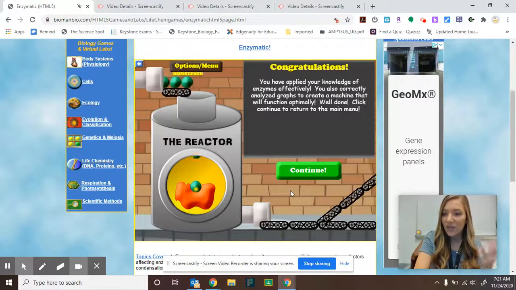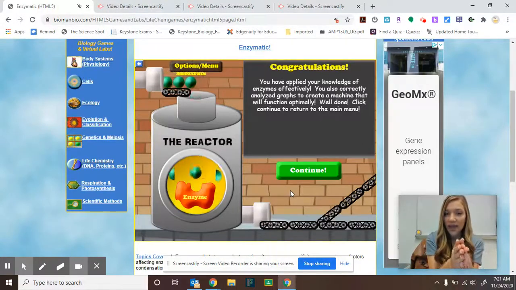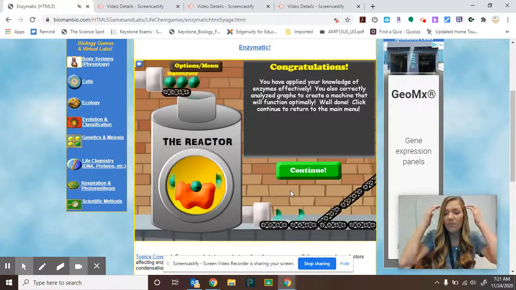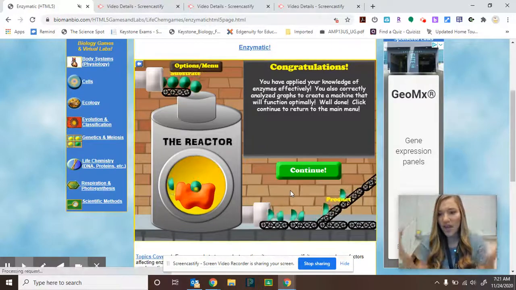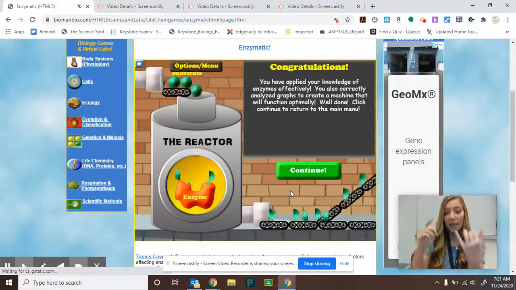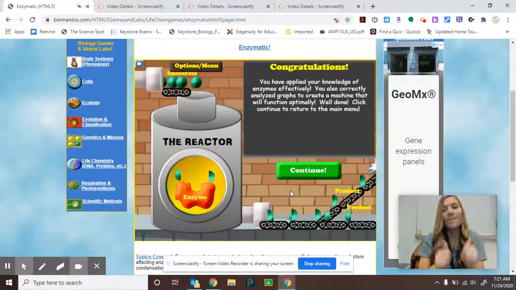We are amazing. So using what you saw in this activity, you can answer those questions on your own, and you can think, how does temperature, pH, substrate concentration affect enzyme activity? Remember, we have an optimal temperature, the best temperature.